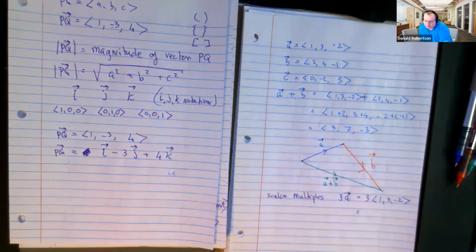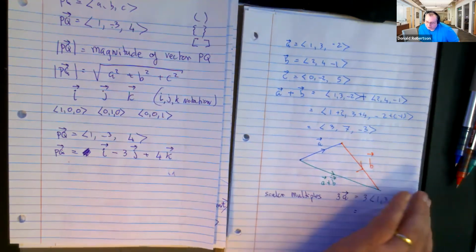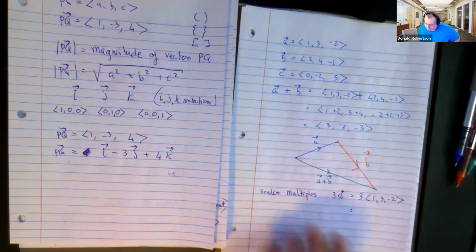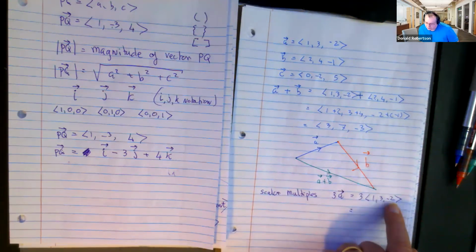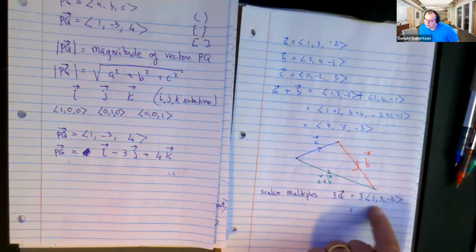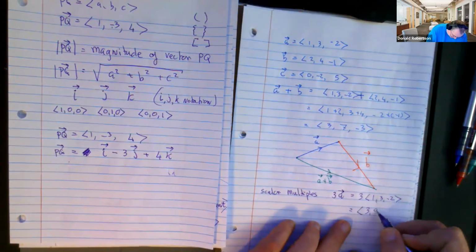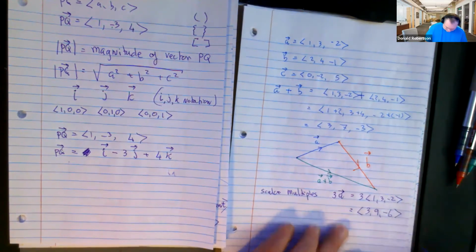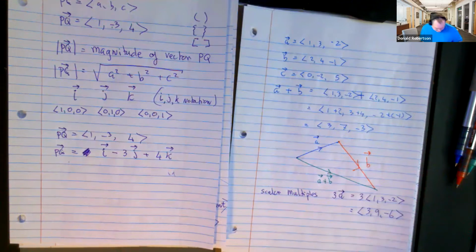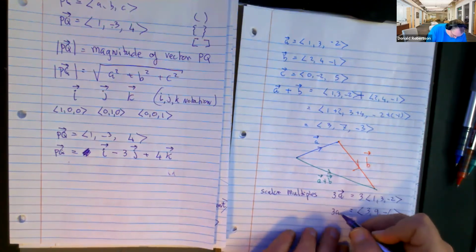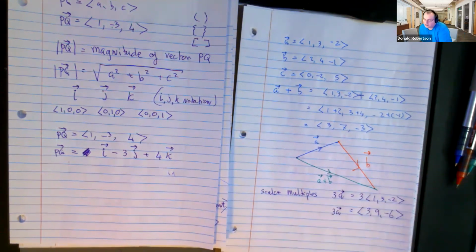Again, if you've never done vectors before, won't it make sense that the simplest way to understand what this is doing would be to treble the components? Would that make sense? Each one would get multiplied by 3, in which case you would get the vector 3, 9, -6. And that's what the vector 3a looks like.